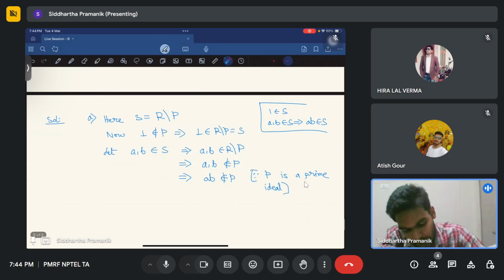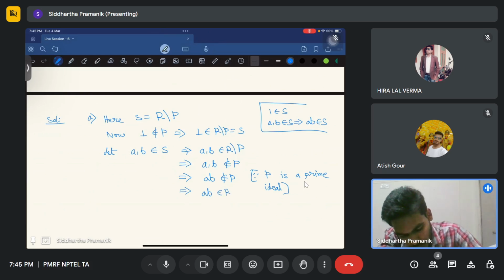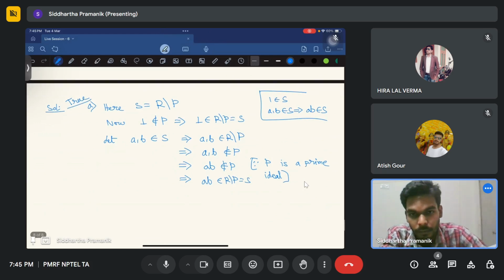Because if the product is in P, then one of a or b must be in P. So this implies the product belongs to R minus P, which is S. So this is a multiplicative subset. So this is true. So is it okay?